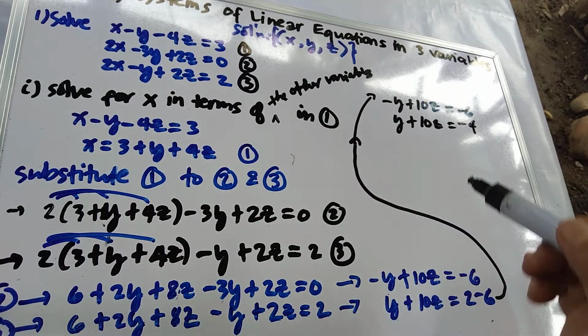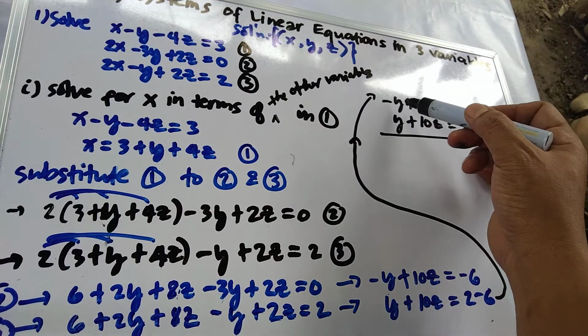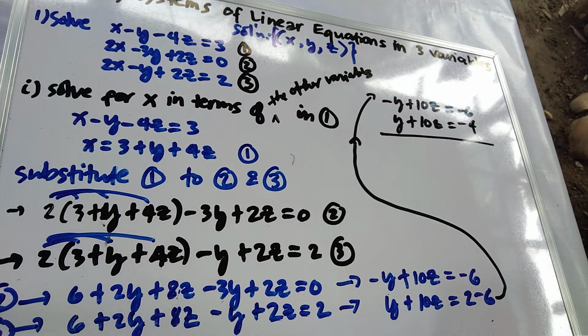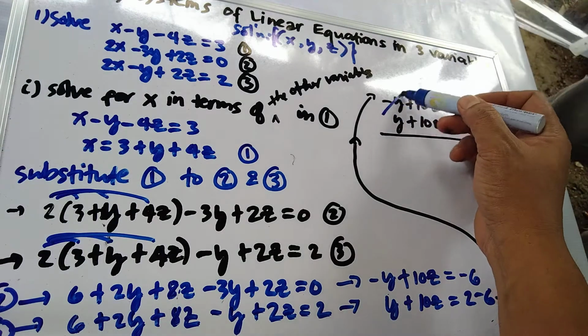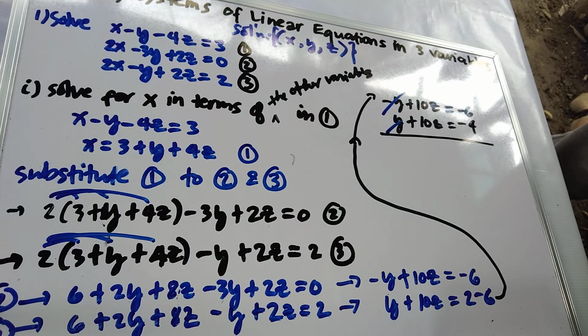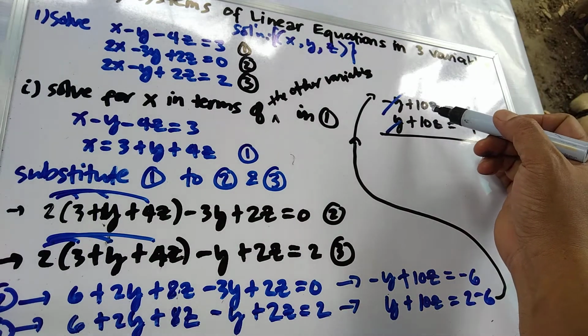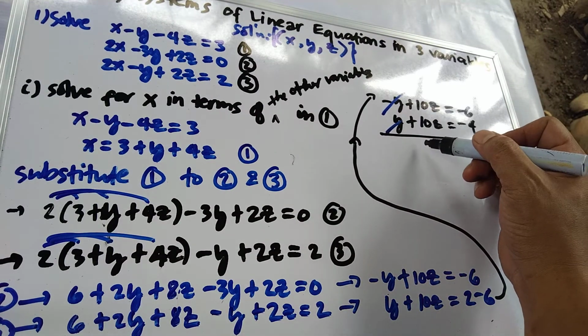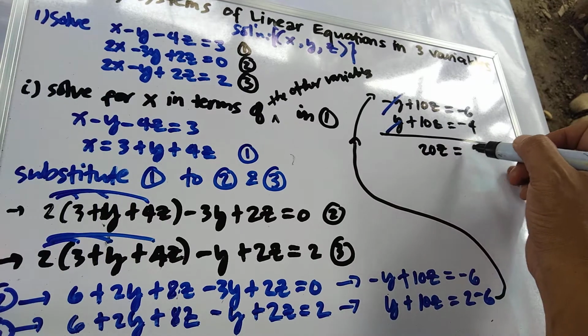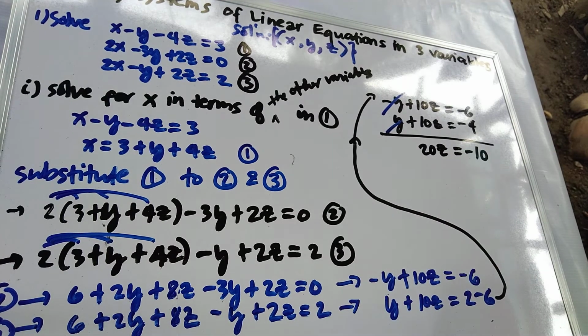Here, we add the two equations. We could directly cancel y because negative y plus y is 0. So we add 10 and 10, you have 20z is equal to negative 10.